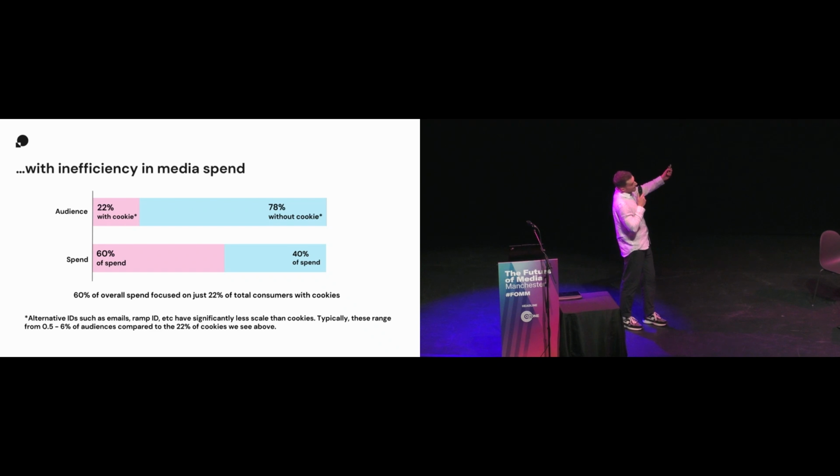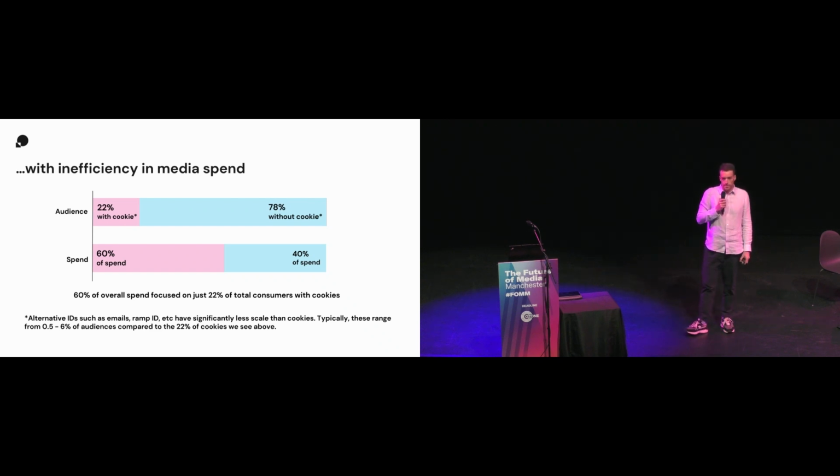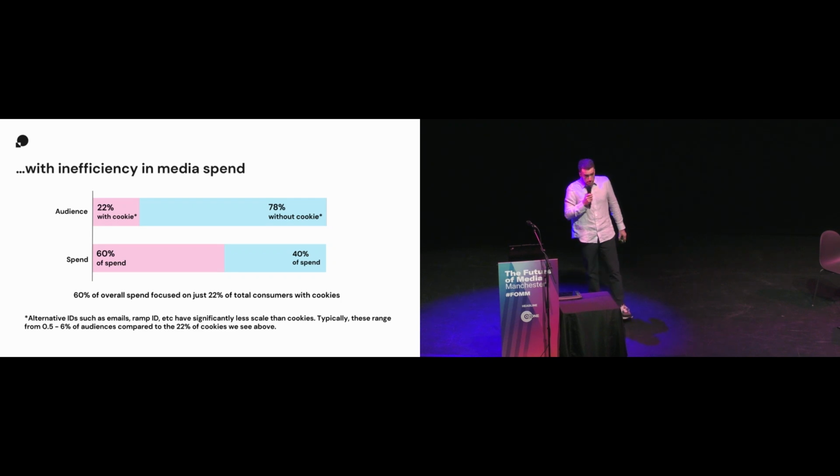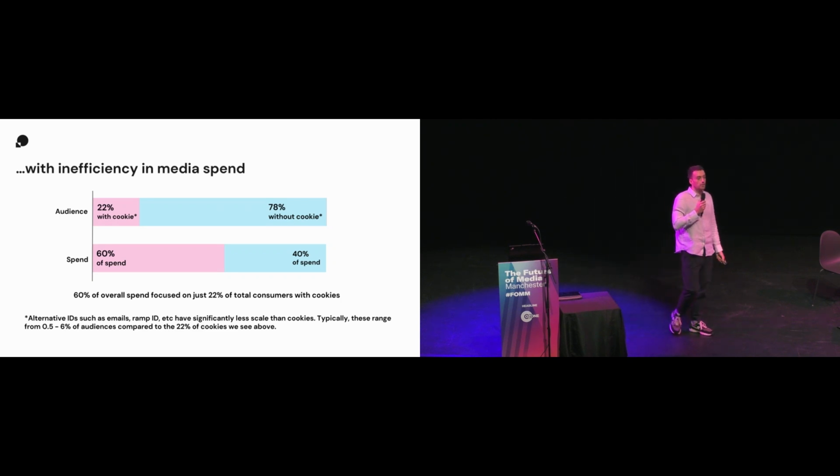What was left on the table was this massive audience without a cookie. And you'll notice some nuance in the term cookie there, and we're including alternative identifiers within this. Alternative identifiers play a key role in the evolution of programmatic in the future, but the reality is right now that overall reach is minimal, and that's delivering scale problems for advertisers.